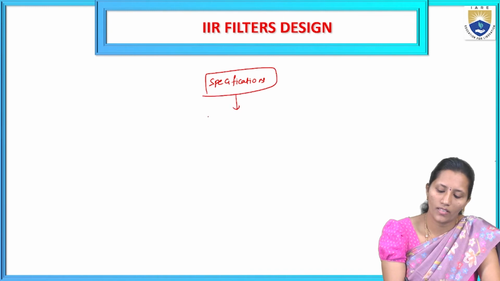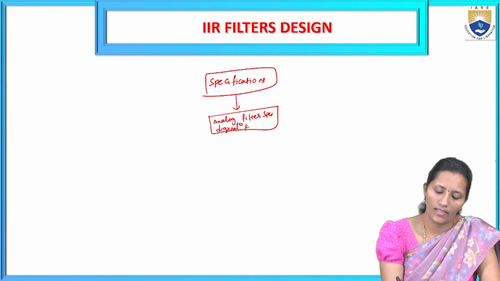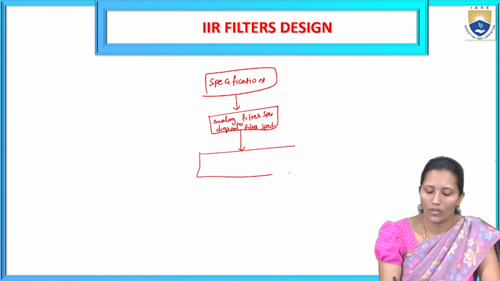So in our IIR filter designing contents, first we will take the specifications. From the specifications, we have to convert the analog filter specifications into digital filter specifications. Here we are going to discuss the analog filter prototype.